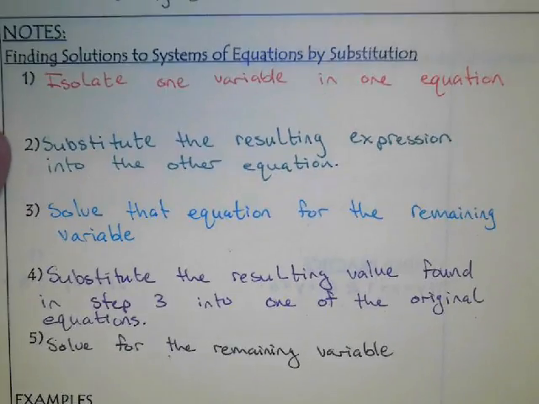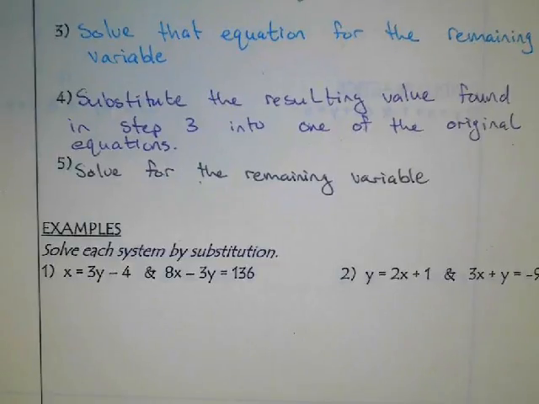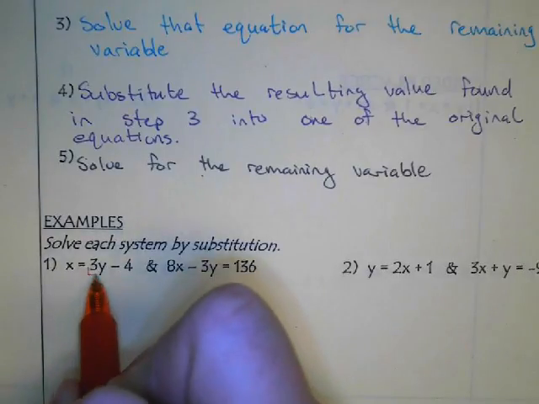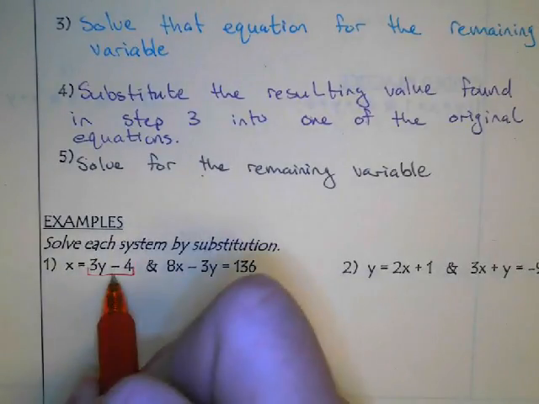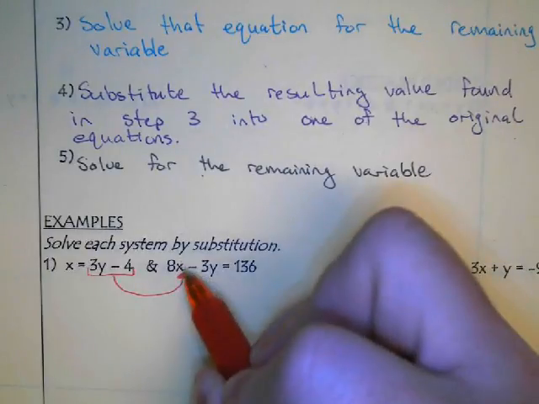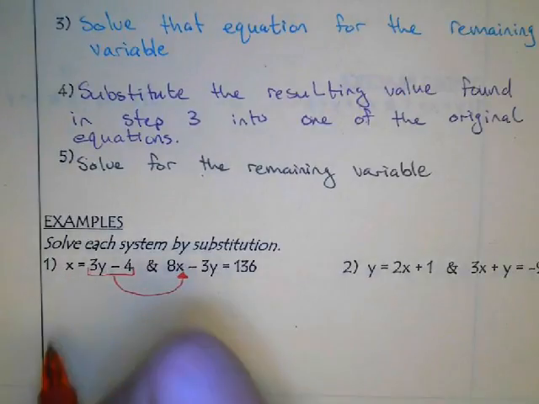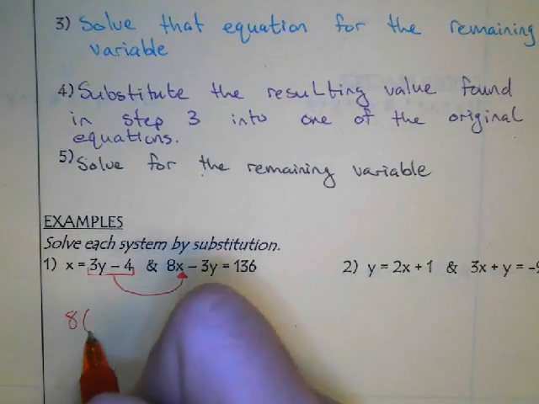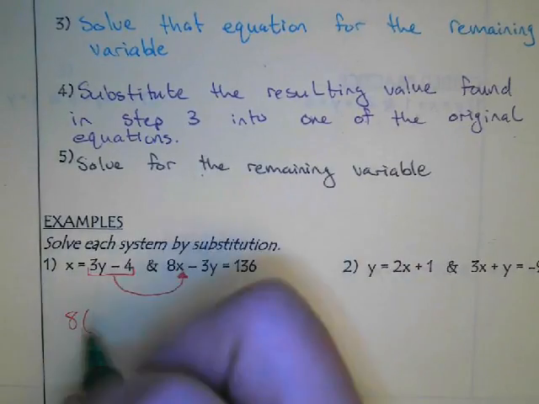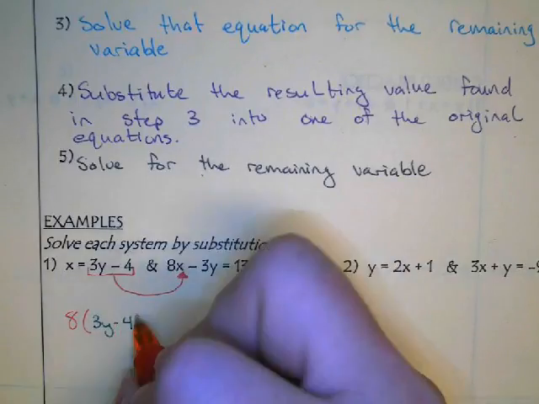So step 2 is substitute the resulting expression into the other equation. So what I'm going to do is I'm going to substitute whatever this x equals. That's this idea right here. I'm going to substitute that in for x, because I'm saying x is equal to this idea. So the way we do this is I will write 8 times, and then here's my 3y minus 4. So I'll put my 3y minus 4 in parentheses.